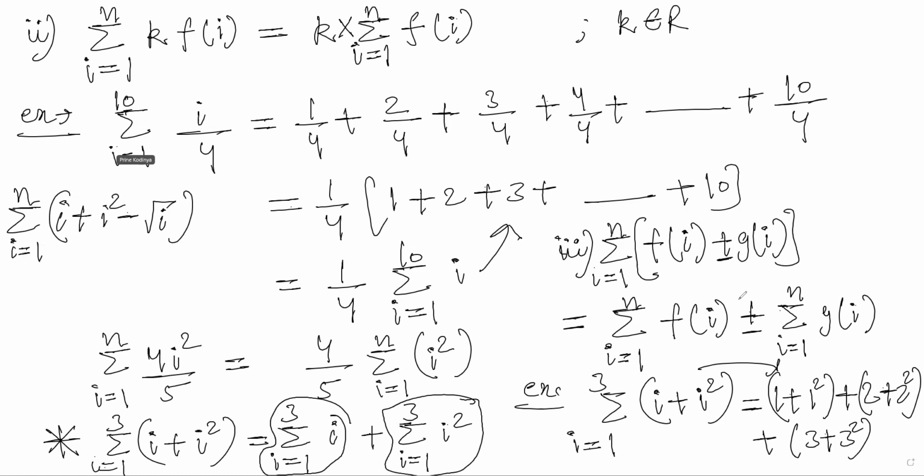If it's plus, we will also use plus here. If it's minus, we will also use minus here. There are no two answers. There will be one answer, either plus or minus.